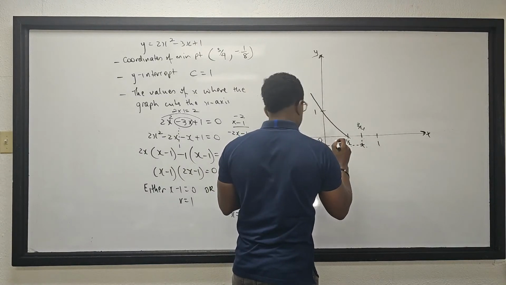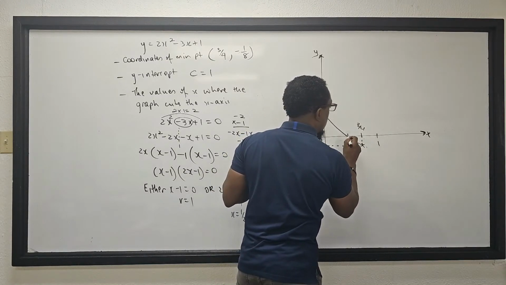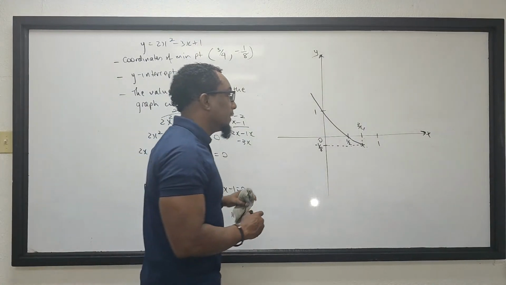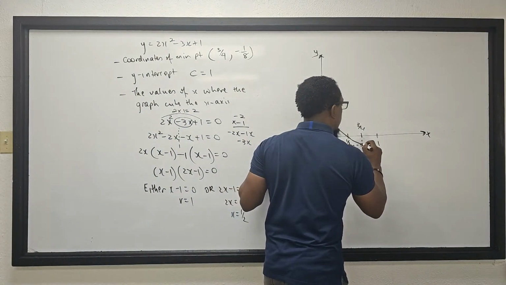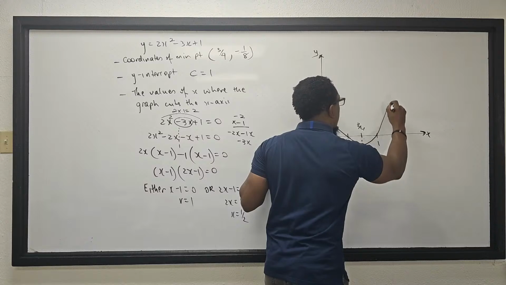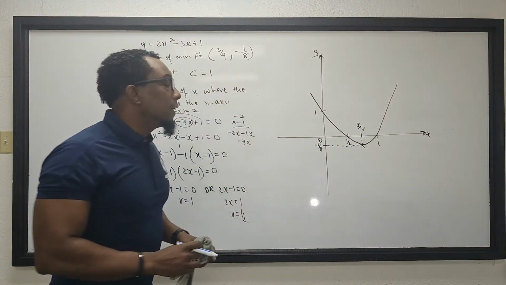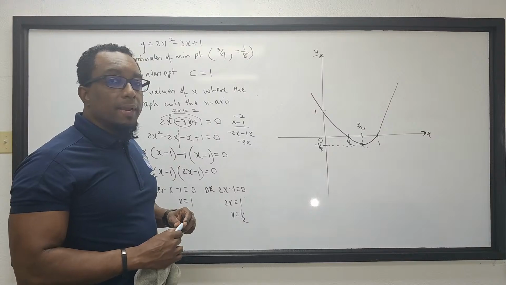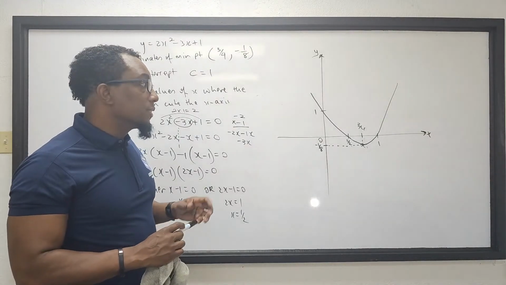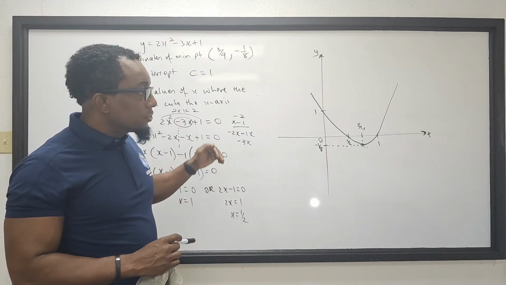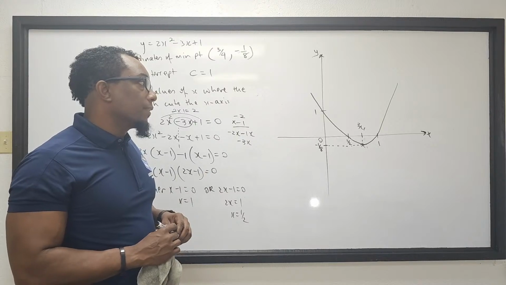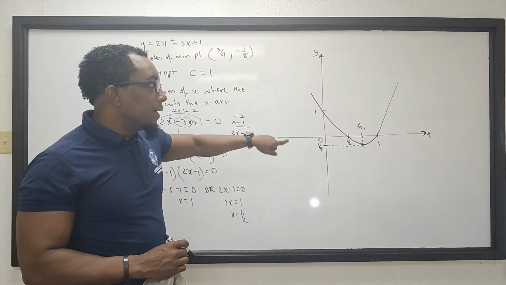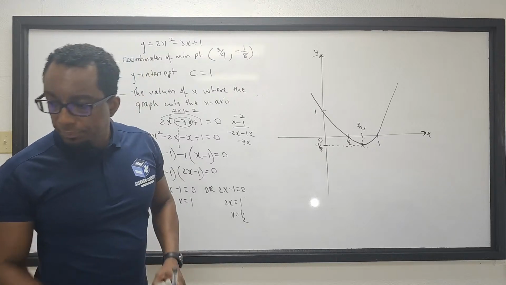It turns at your turning point, 3/4, negative 1/8. And passes through the other root or the other value where the curve must cut the x-axis, which is 1, and this is a sketch of the function. So we have our roots, we have our y-intercept, and we have the coordinates of the turning point.